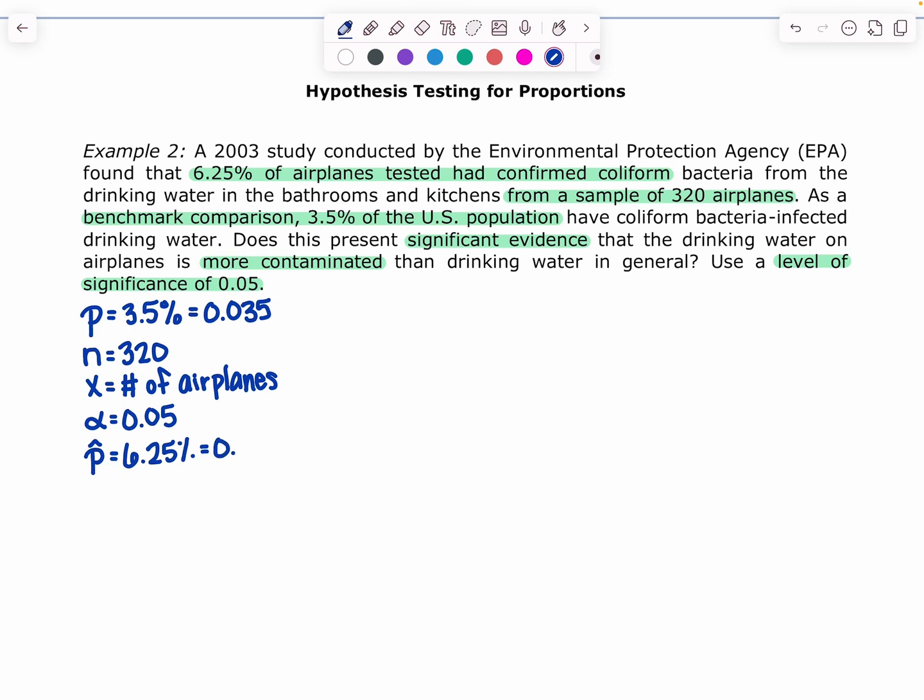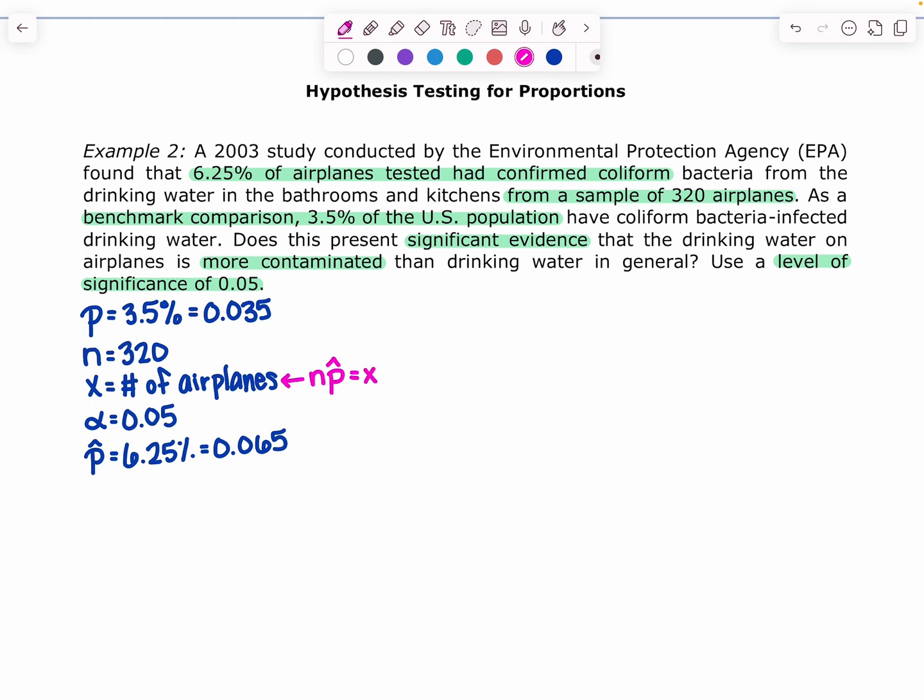What we don't know is how many of the airplanes tested positive for the bacteria. If we needed to find the number of airplanes that tested positive for the bacteria, we could do that by taking the sample size and multiplying it by the P hat value. And that would tell us the X.